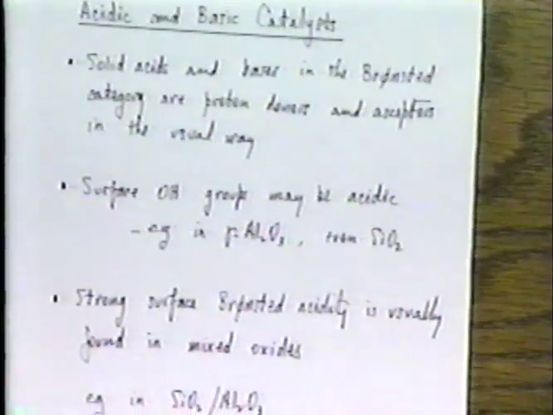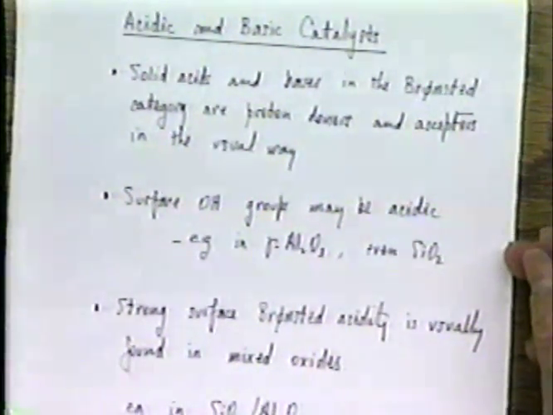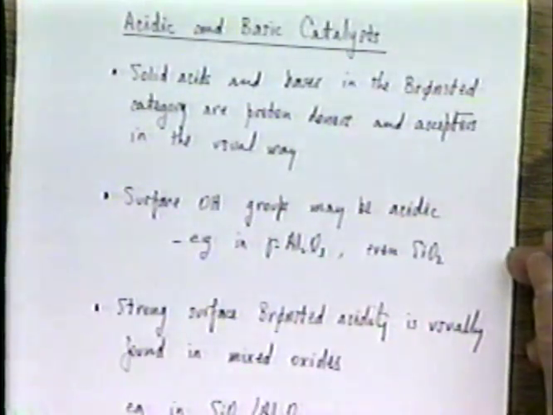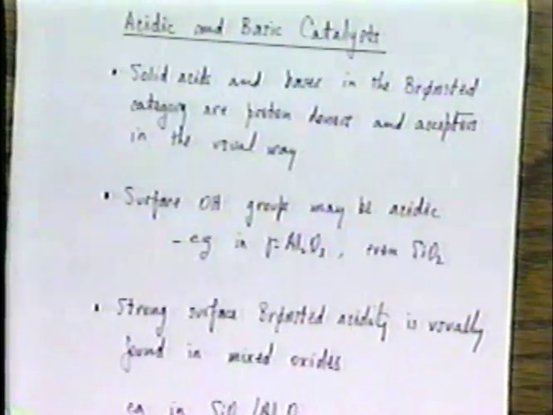Let's now turn to another major class of catalytic active site functions, namely acidic and basic catalysts. Those of you who've had experience in organic chemistry will be familiar with generalized acidic and basic catalysis of organic reactions, in which mineral acids, for instance, or ordinary alkalis can be used to catalyze organic conversions.